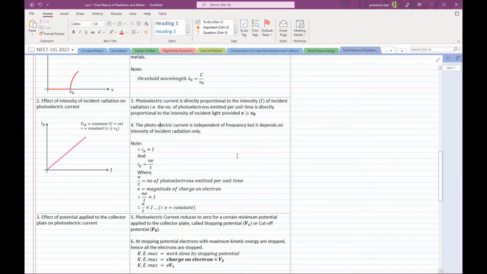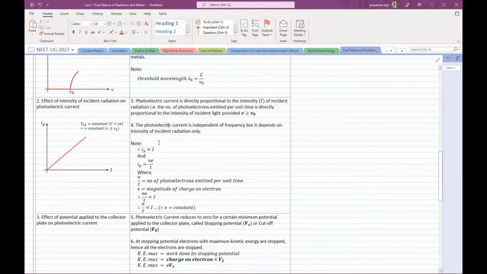If you keep the frequency greater than the threshold frequency, then the photoelectric current, if present, will always be directly proportional to the intensity of incident light. So that is what we observe. So photoelectric current is directly proportional to the intensity I of incident radiation. That is, the number of photoelectrons emitted per unit time is directly proportional to the intensity of incident radiation, provided nu is greater than or equal to nu naught.